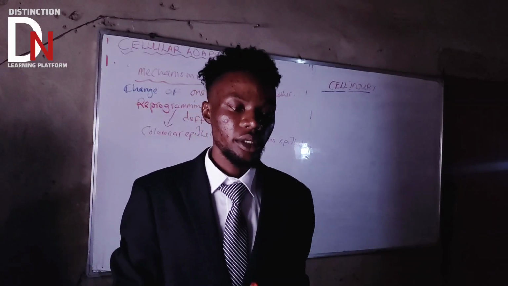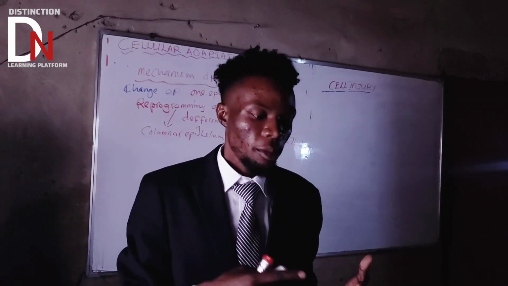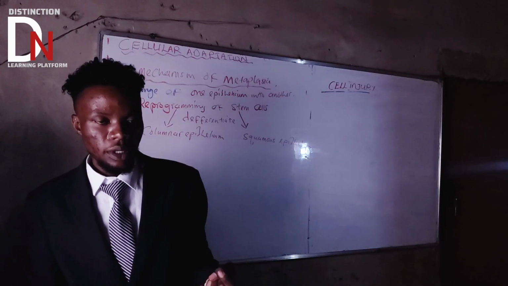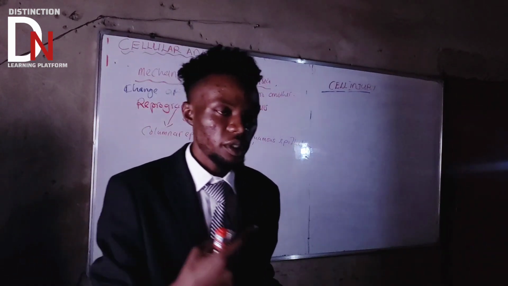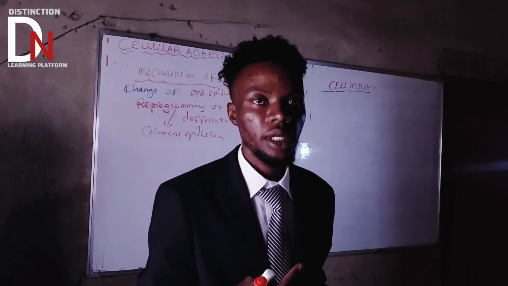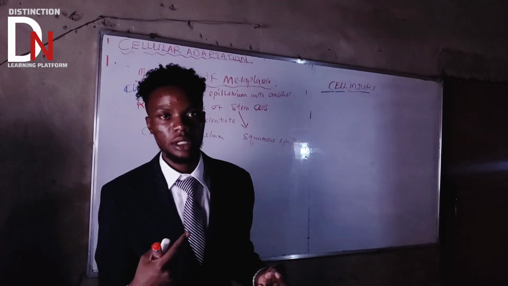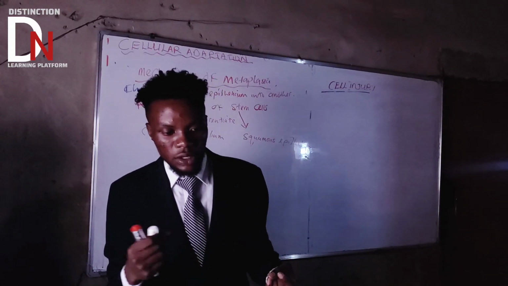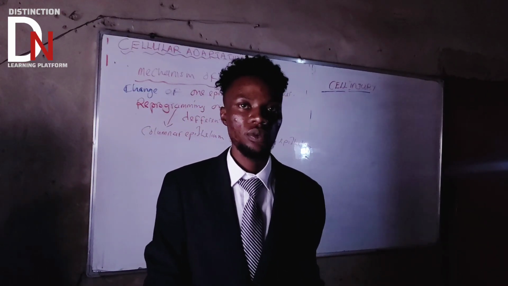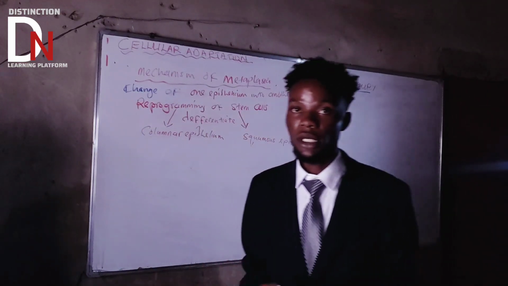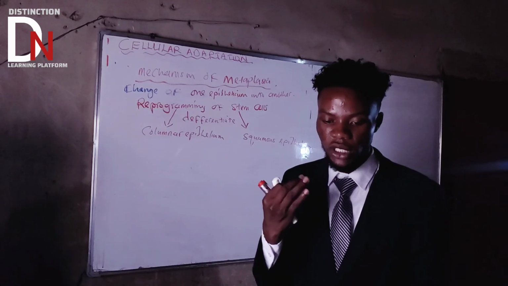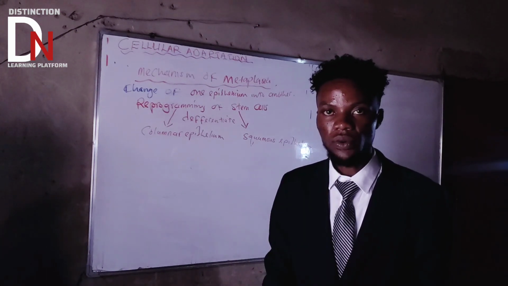That's why you need to make sure you understand metaplasia. Basically, if you reprogram the stem cells, they are going to differentiate into the tissues that can withstand the condition that is there. So if you remove that stimulus, metaplasia will also go away. The same applies to hyperplasia. If you remove the stimulus, the hyperplasia will go away.